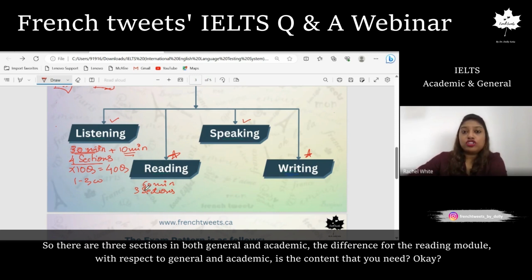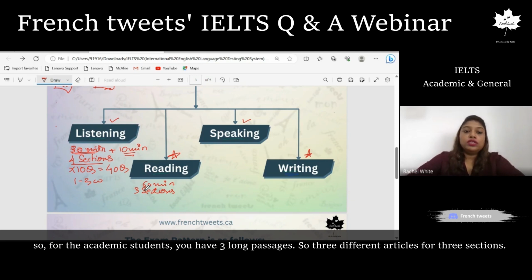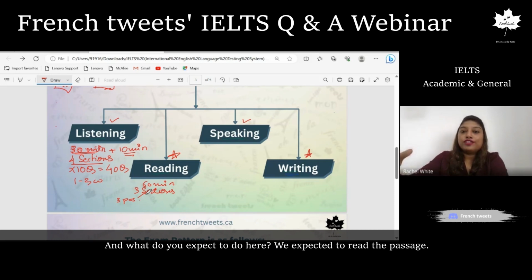So there are 3 sections in both general and academic. Now, the difference for the reading module with respect to general and academic is the content that you read. For the academic students, you have 3 long passages. So 3 different articles for 3 sections. And what are you expected to do here?